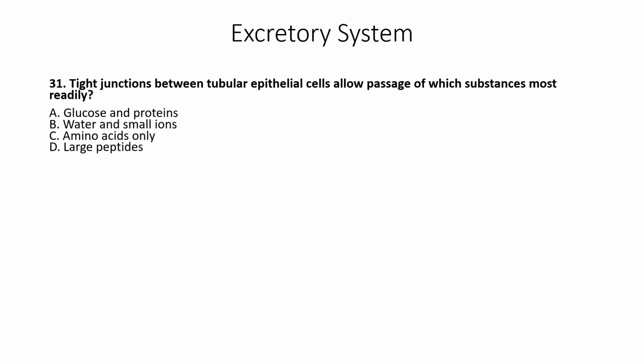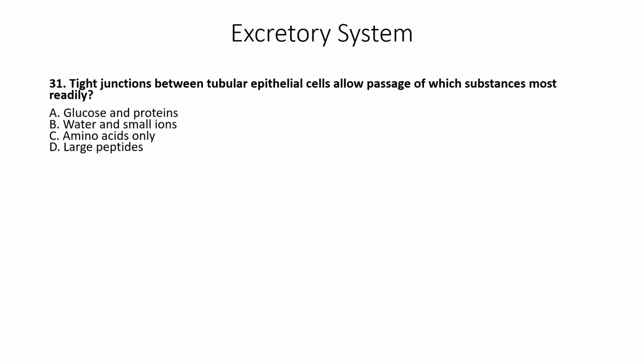So here too, in the tubular epithelial cells in the nephron, these tight junctions keep most things from moving through. So they restrict all of these large molecules like major proteins, but they allow very small particles like water molecules, sodium and chloride ions. Those pass through different pathways.